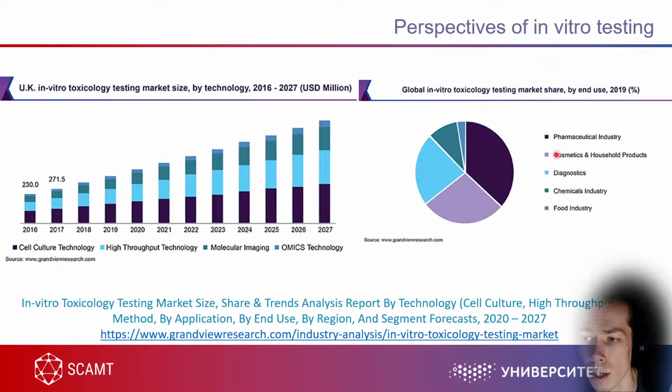And there's a lot of in vitro testing now in the pharmaceutical industry, and not only in pharmaceuticals but in cosmetics, because there's a lot of talk about using animals in cosmetics testing and so on. So now scientists are trying to add more in vitro testing, especially in cosmetics.